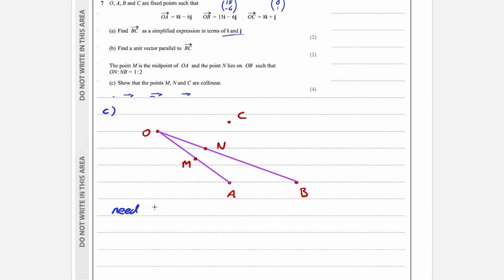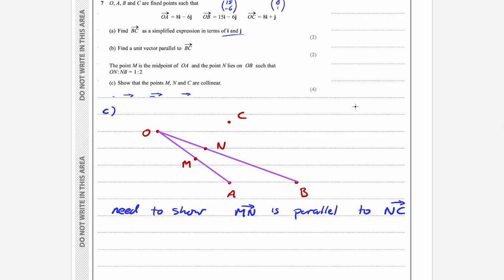I'm going to say, need to show that MN is parallel to NC. Okay, so if MN is parallel to NC, then M, N and C are collinear.